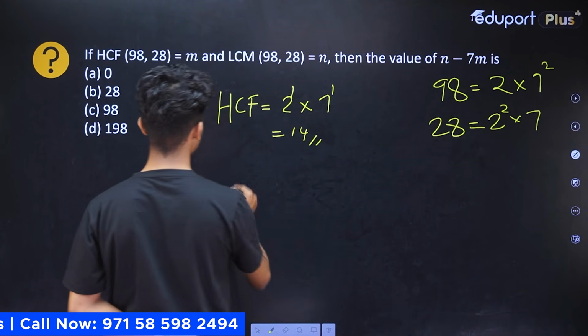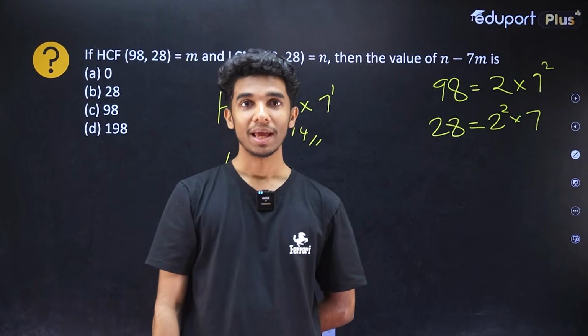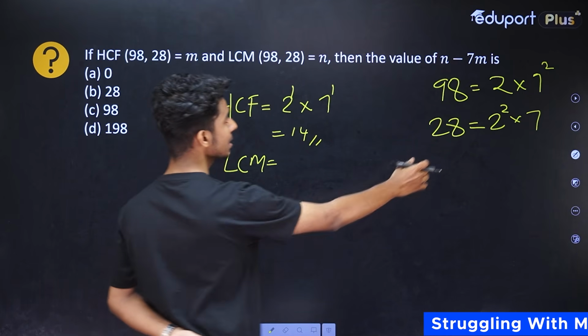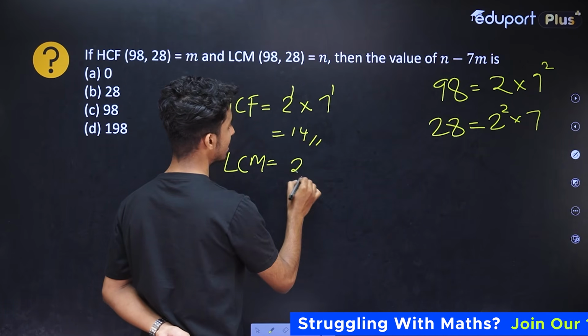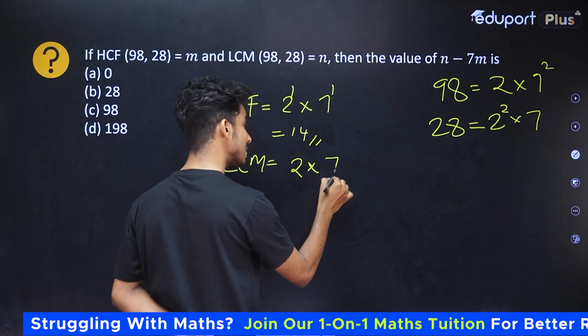Now, what is our LCM? LCM is taken as all the prime factors, common and not common. 2 is there, 7 is there.